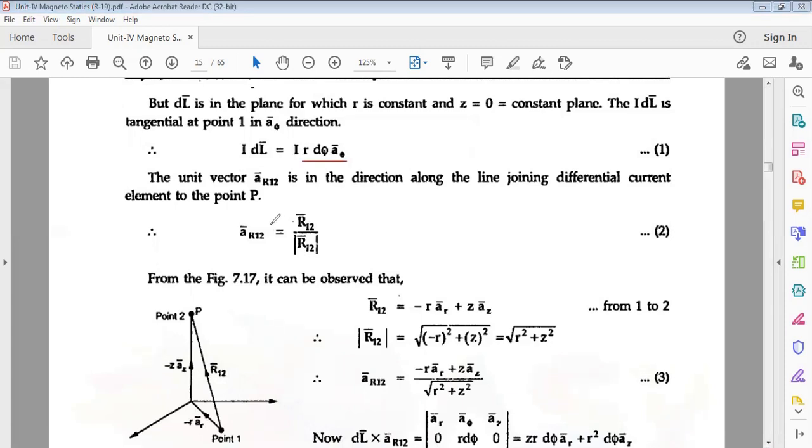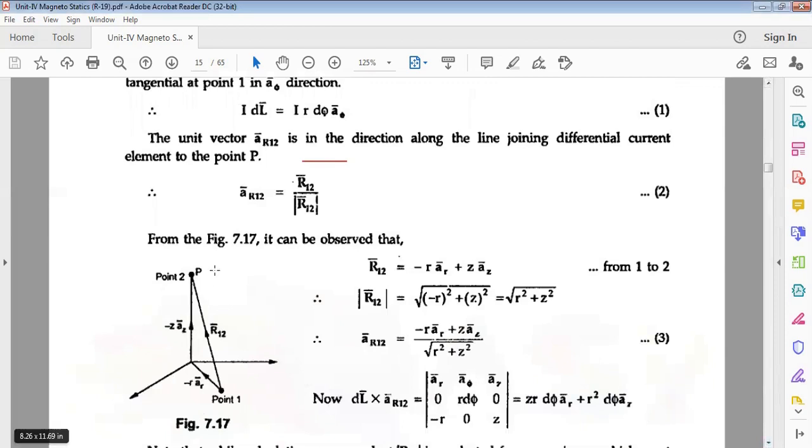And the unit vector a_r12 bar is equal to the vector from point 1 to point 2, the vector r12 bar divided by its magnitude. r12 bar has two components: z a_z bar, which is plus z in the positive z direction upwards, and minus r a_r bar, because the direction is opposite to plus a_r bar.